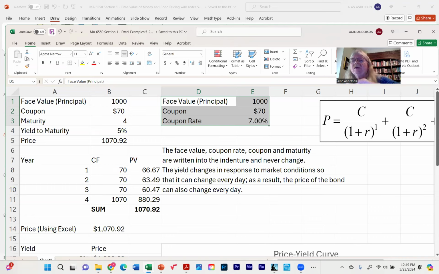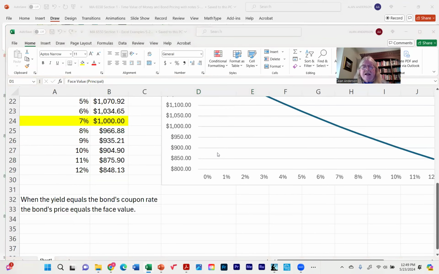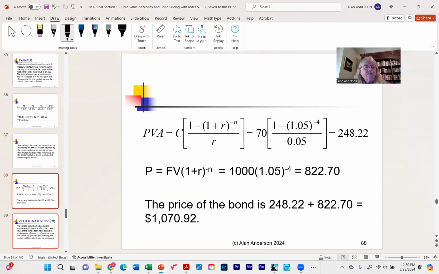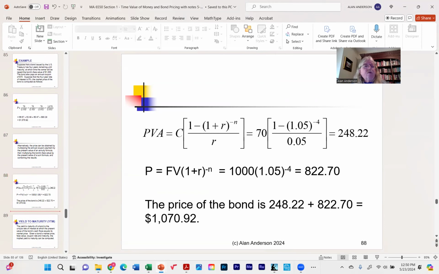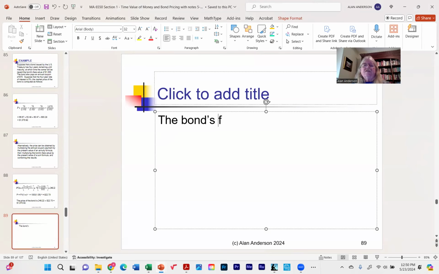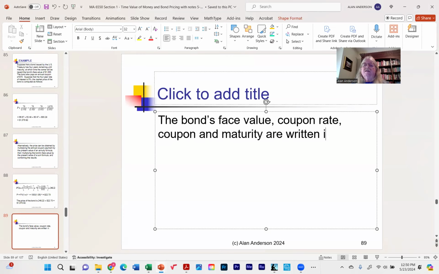Let me give an example of a bond that has interesting features built into it. Just as an example, what can happen. So I'll just repeat here what we just discussed. The bond's face value, coupon rate, coupon and maturity are written into the bond's indenture.